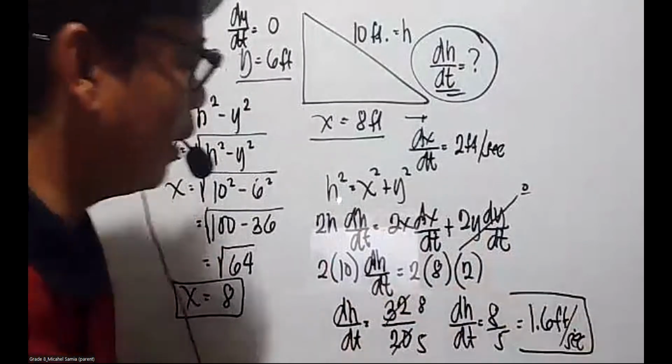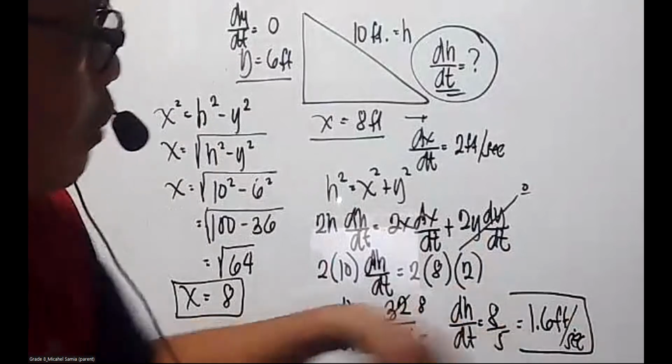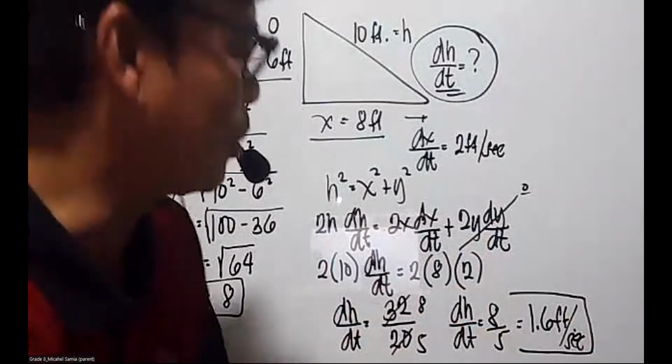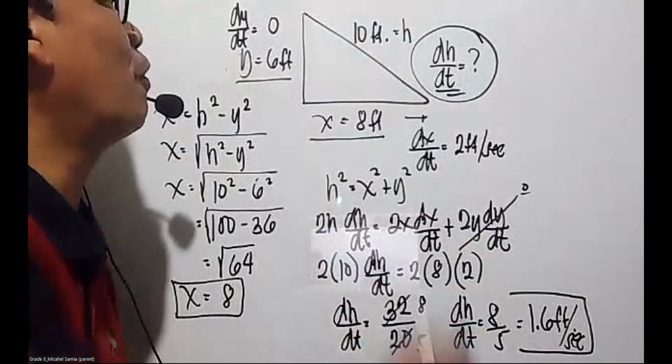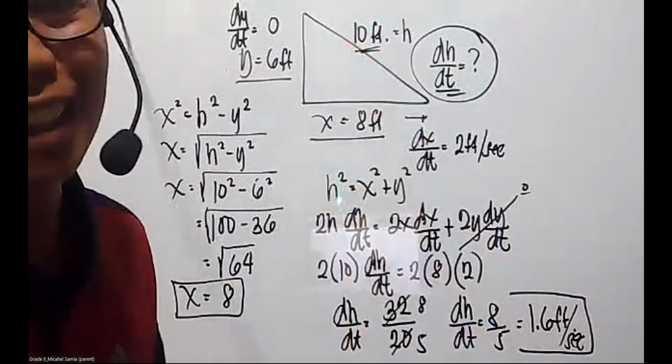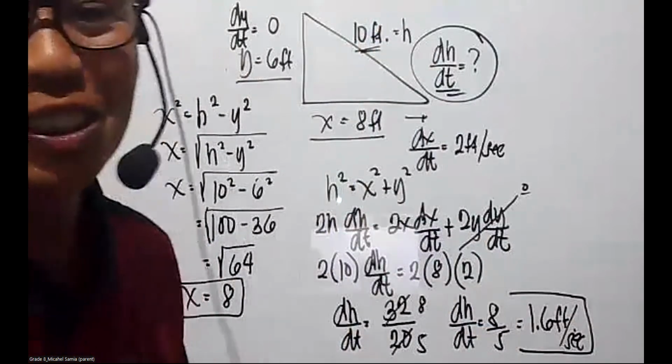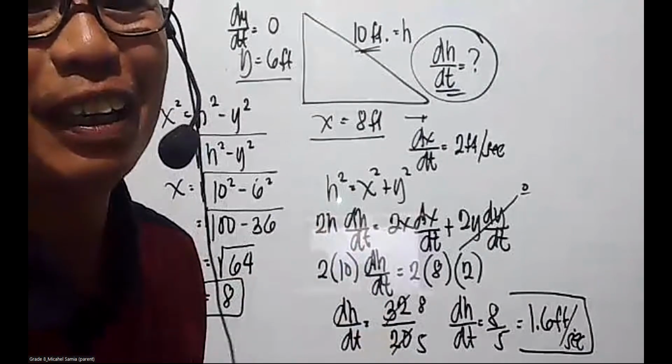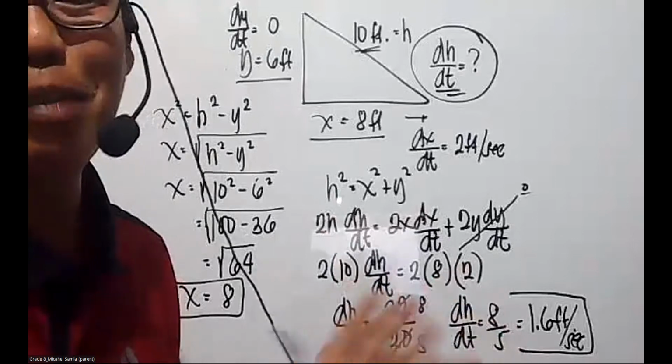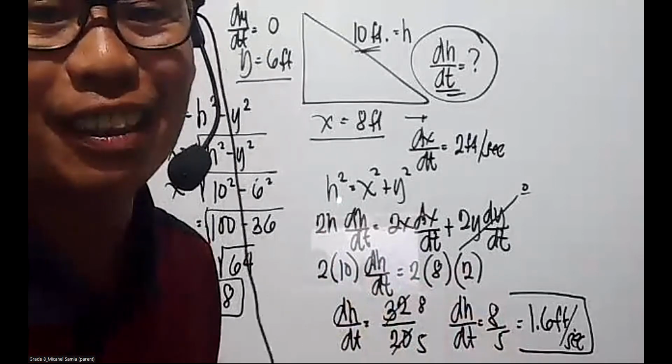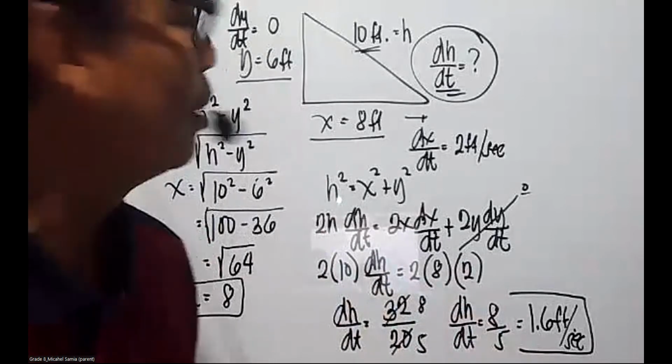So just manipulating the equation, we get the value of 1.6 feet per second. That's the increase of the hypotenuse of the triangle. Okay, so hopefully, Josh, it's clear. Now, actually all the problems have similar types of computation, so you could try the other one.